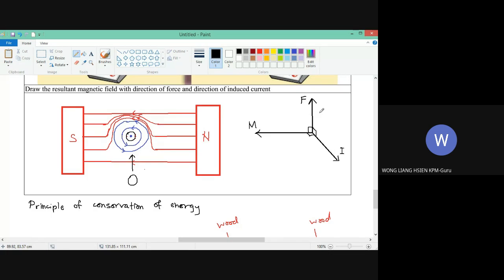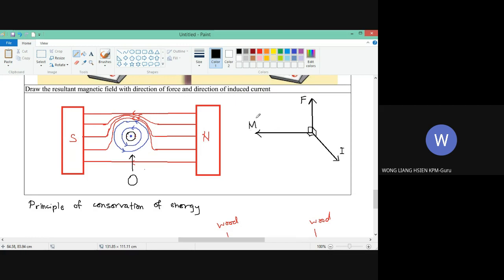So that means from this relationship, if we can find out the direction of two of these variables, then we can find out the direction of the third. For example, if we know the direction of the magnetic field and the direction of current, we can find out the direction of the force. If we know the direction of force and direction of current, we can find out the direction of the magnetic field, and so on.